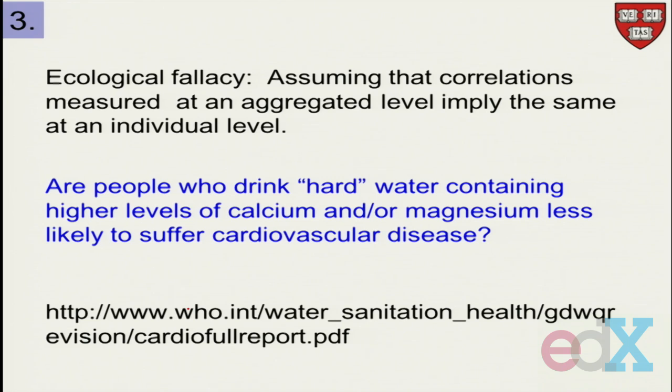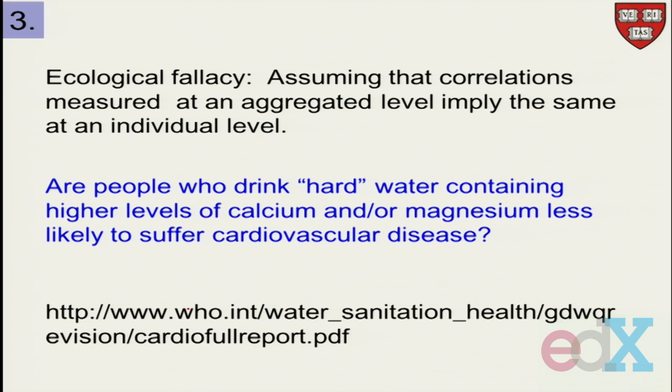That is the ecological fallacy, okay? Because here we're looking at a correlation of 0.791 between countries' aggregate Nobel production and aggregate chocolate consumption. That's 0.791. It doesn't say anything about the individual. Okay? So the ecological fallacy is assuming that correlations measured at an aggregated level imply the same at an individual level, and the answer is wrong.